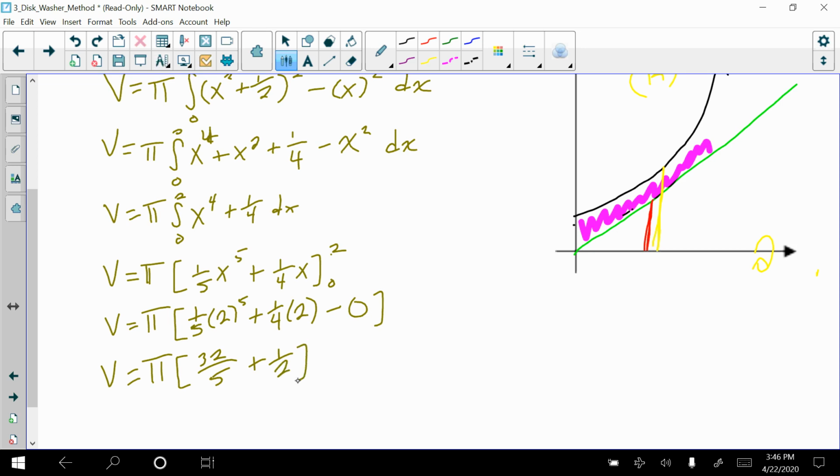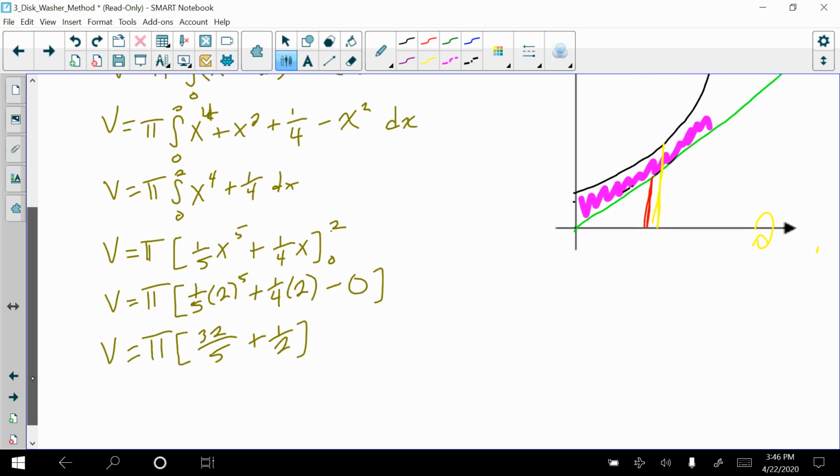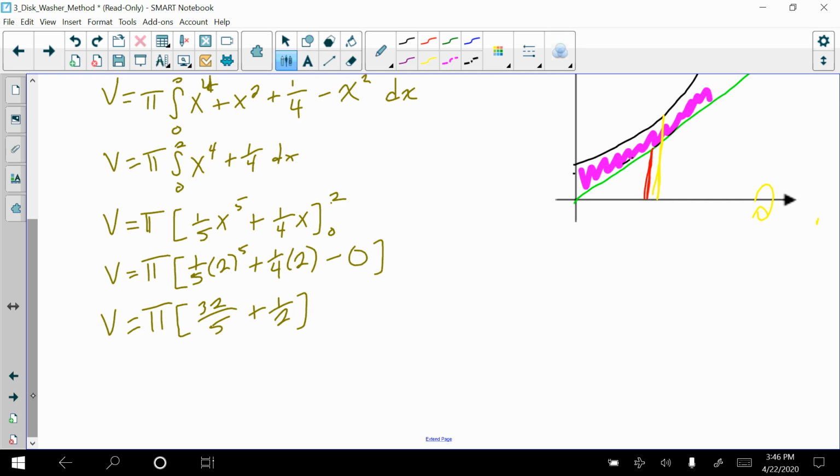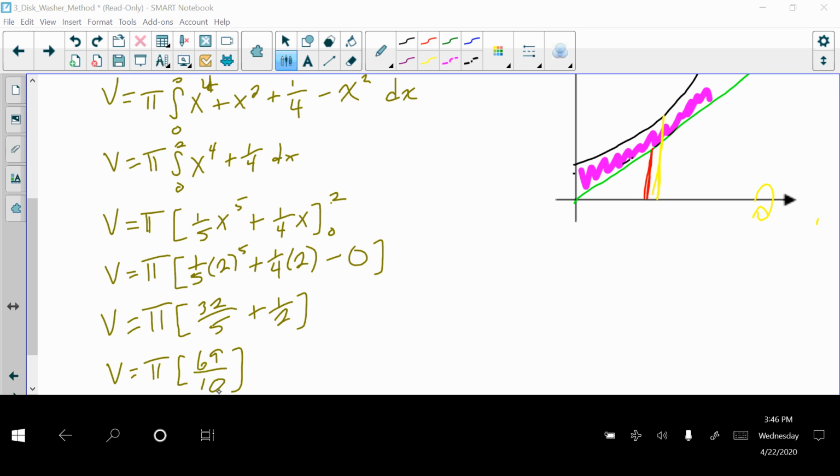The common denominator there is going to be a 10. So 64 and 5 is going to give me 69 tenths. The volume of this particular shape will be 69 pi over 10.